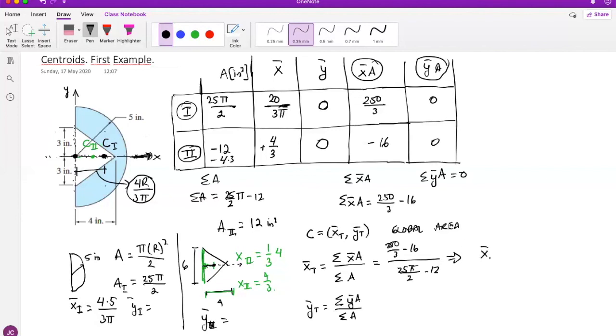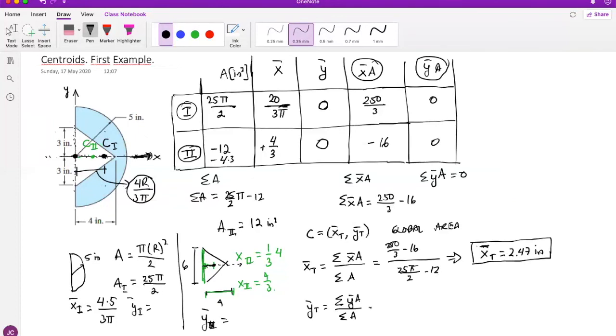So X total is going to be located at 2.47 inches. That's where the coordinate for the X part is going to be located for both of these areas, both the semicircle and the triangle, both the area and the whole. So this is where this guy will live. X total is going to be 2.47 inches.